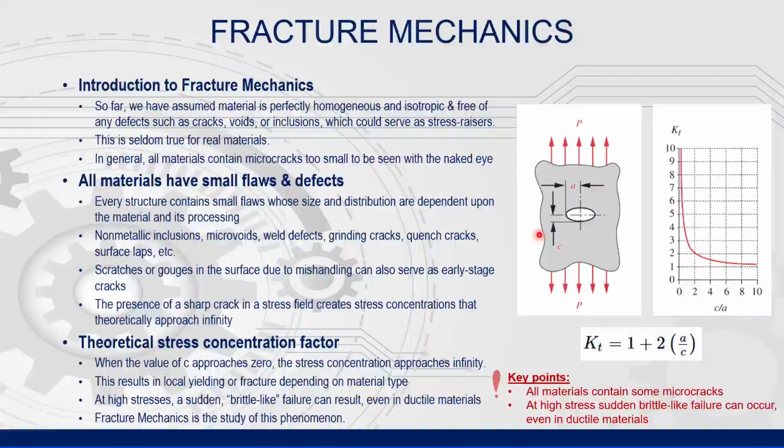In the stress concentration formula, the half length is divided by the half width. When the half width variable C approaches 0, the concentration factor approaches infinity. At high stresses, a sudden brittle-like failure can occur even in ductile materials. Fracture mechanics is the study of this phenomenon.